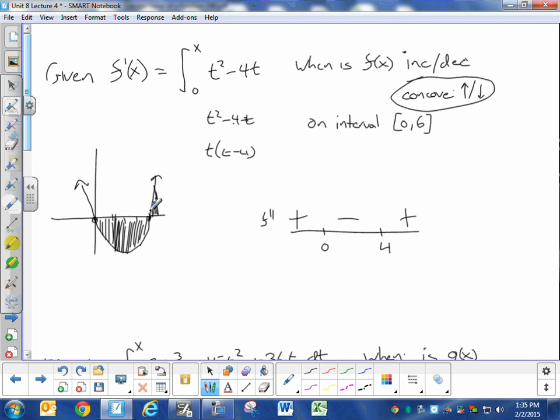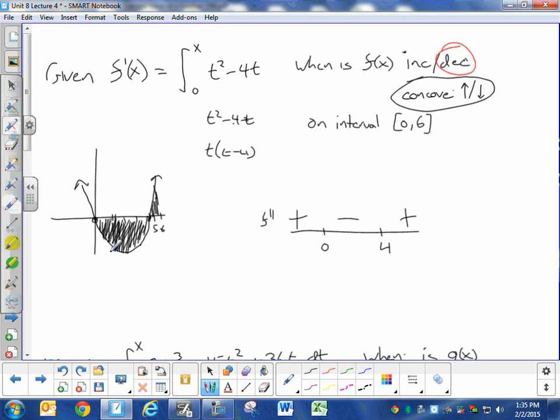F prime at 5 and 6 and around 5 and 6 would probably still be negative because this area is more negative than this area here.